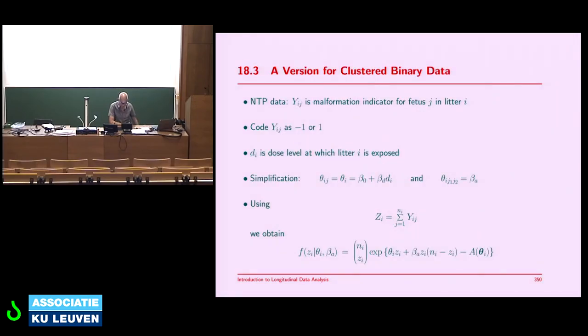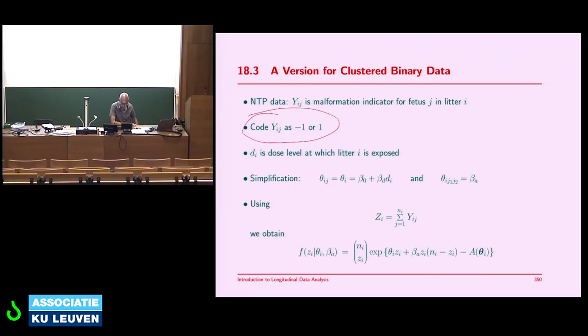Okay, let's look at the specific version with the NTP data in mind. For practical reasons, we are going to code the outcome as -1 and +1. That practical reason is very simple. If I code them as 1 and 0, and I say the sum of the y's is equal to 7, you have to know the total.